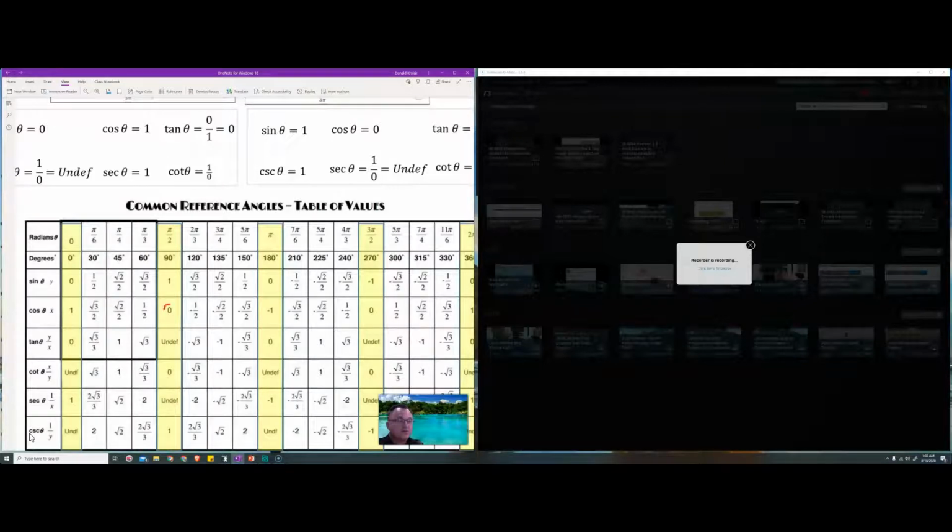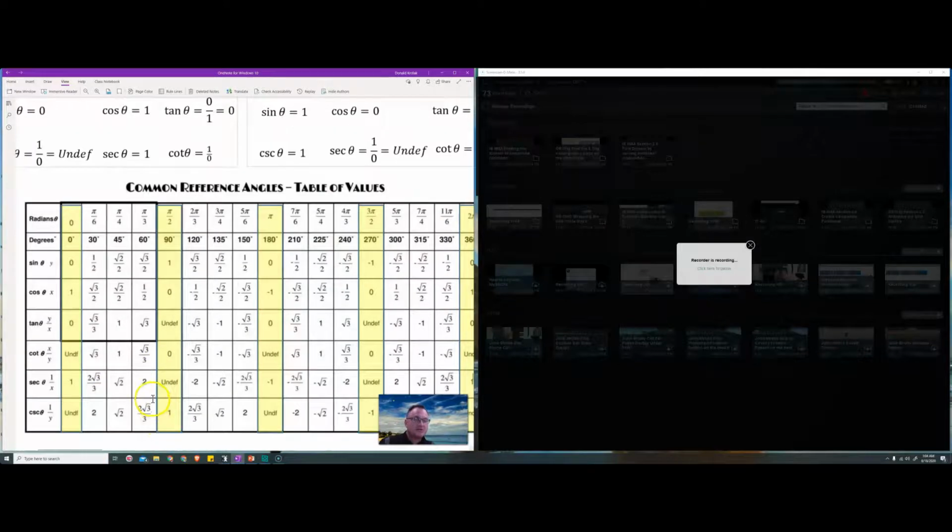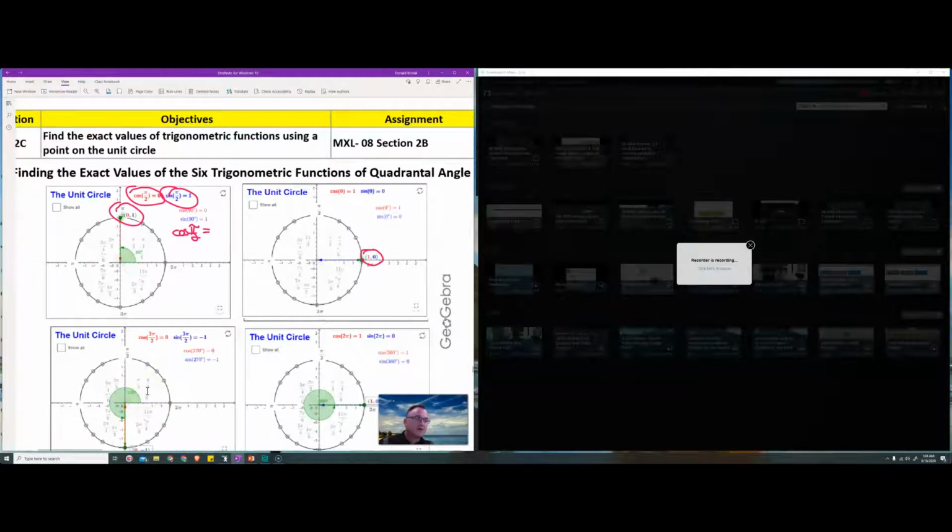Well, the x was 0, so when I take 0 over 1 and I flip it, I get 1 over 0, which is impossible. So that's undefined. And then when I flip sine, which was 1, it stays 1.